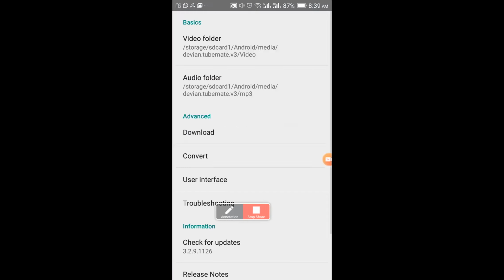Anything you download, in case you may not have enough gigs on your phone, then you have an external card. It will be downloading to your external card. So this is how you download from TubeMate. After it's finished downloading, you can play it in your gallery.